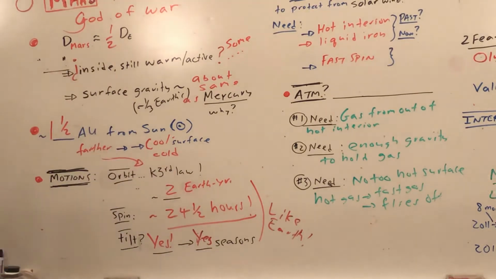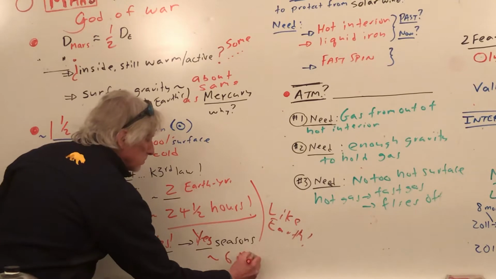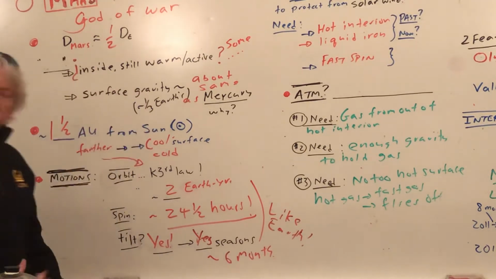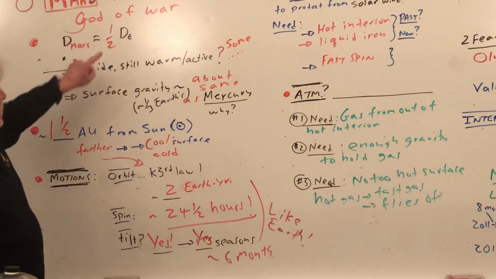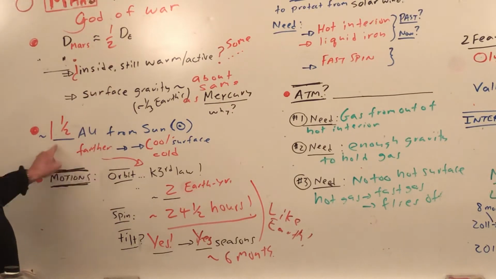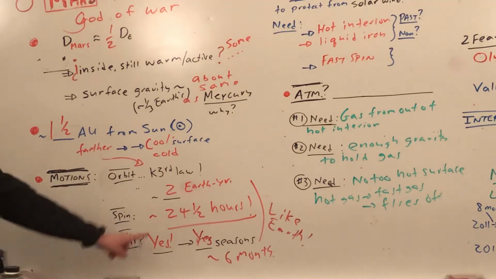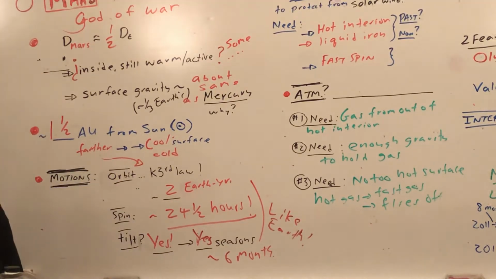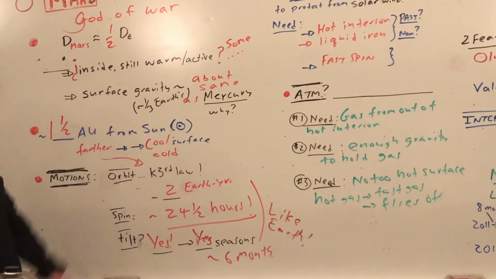How about longer? A year and a half, 1.5 to 2 Earth years, close enough. 24.5. Right, it wasn't quite good for gravity, but that would have been cool.